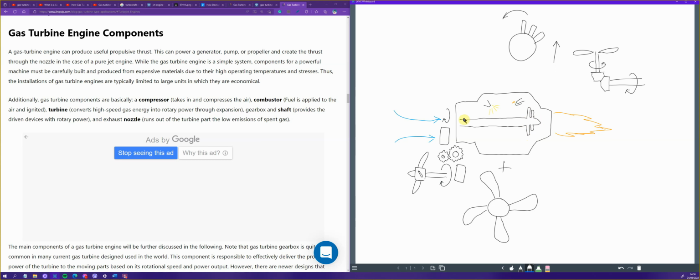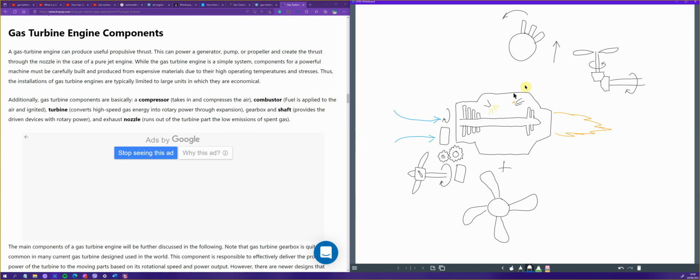Dito, meron kang compressor. Shortened version lang yan.